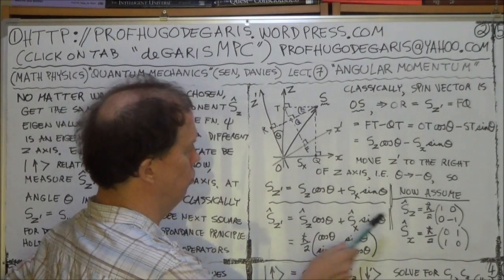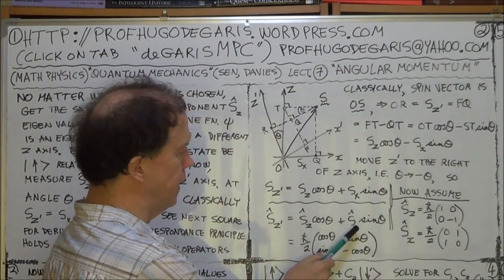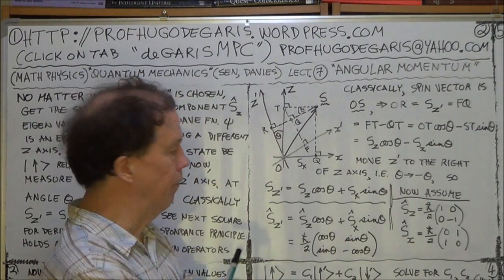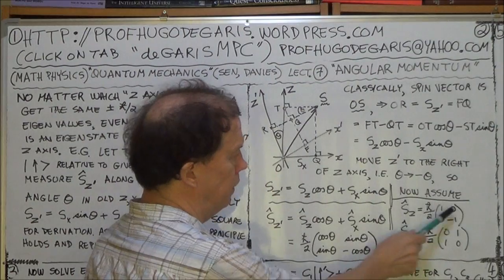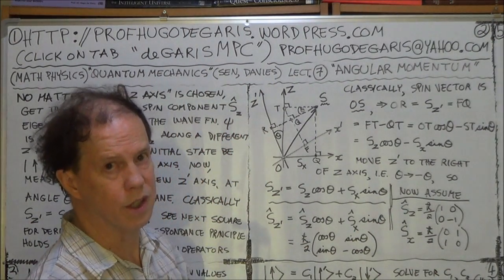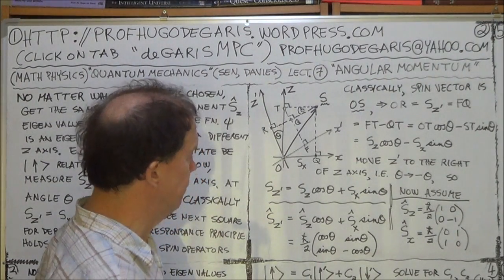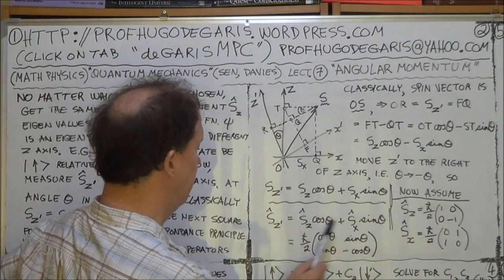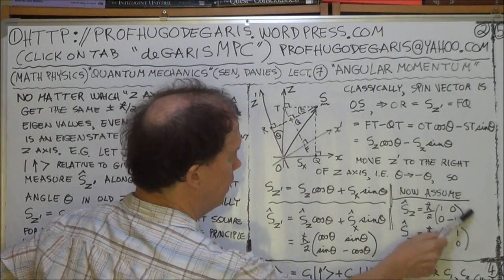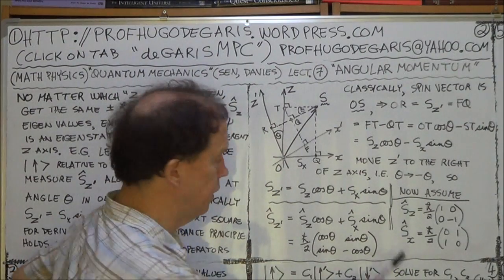Okay, so assume this is true. We have expressions for Sx hat and Sz hat. Right? Here they are here. We've done that earlier. Now the math is very simple because we're just talking 2 by 2 matrices now, right? So plug in S of z hat, put in this expression here, and an equivalent expression for Sx.